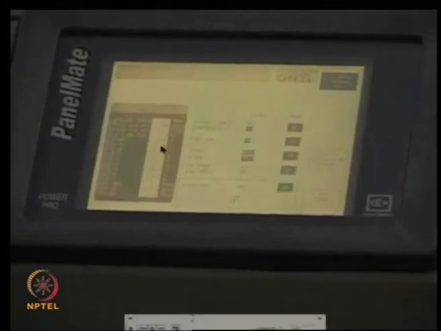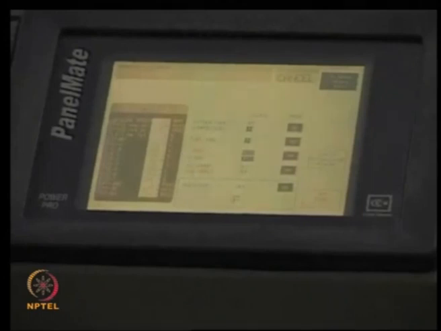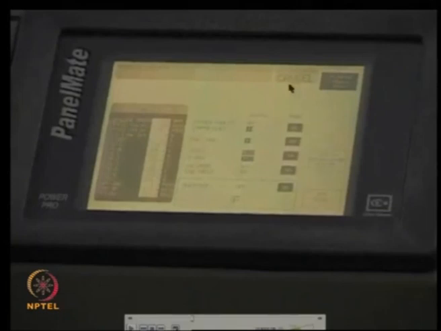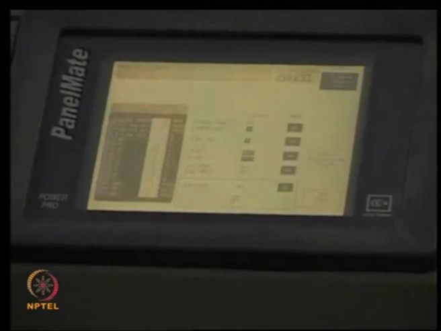So, all the data essential for an operator to know if the machine is working properly or not, what the temperatures are at various locations, what the RPM of the expansion engines is, all this data can be seen there, and accordingly the action may be automatically taken, or in some cases if the plant is of older generation, the action has to be taken manually, right.